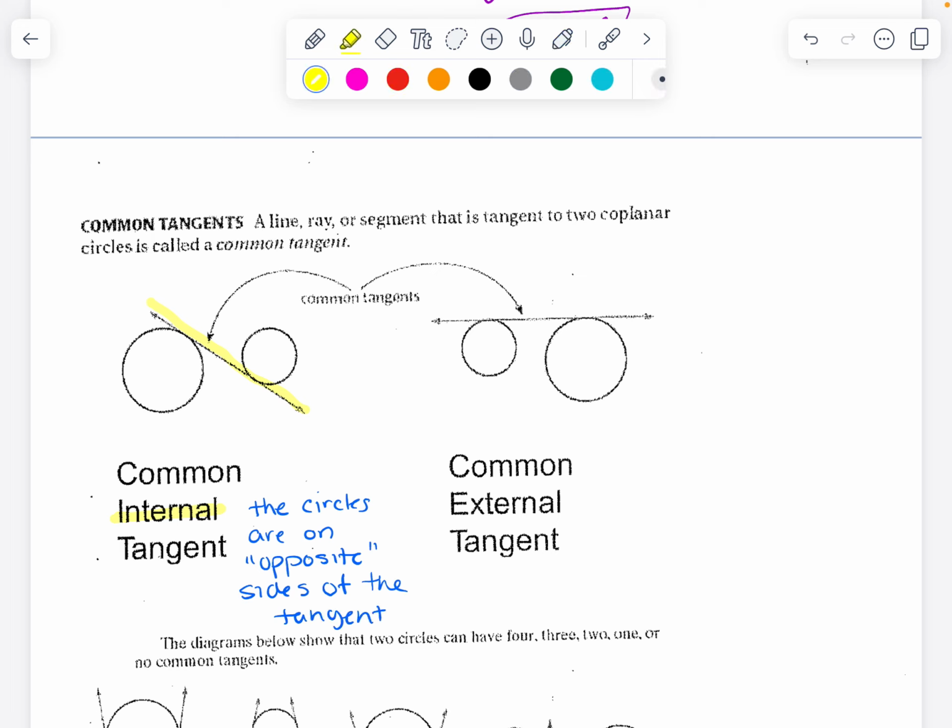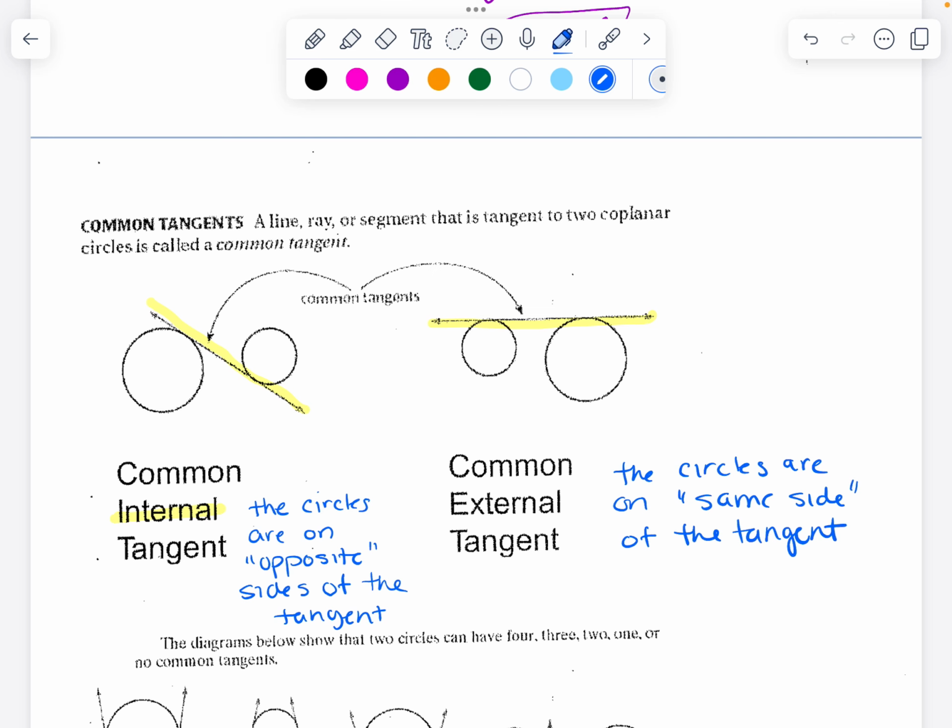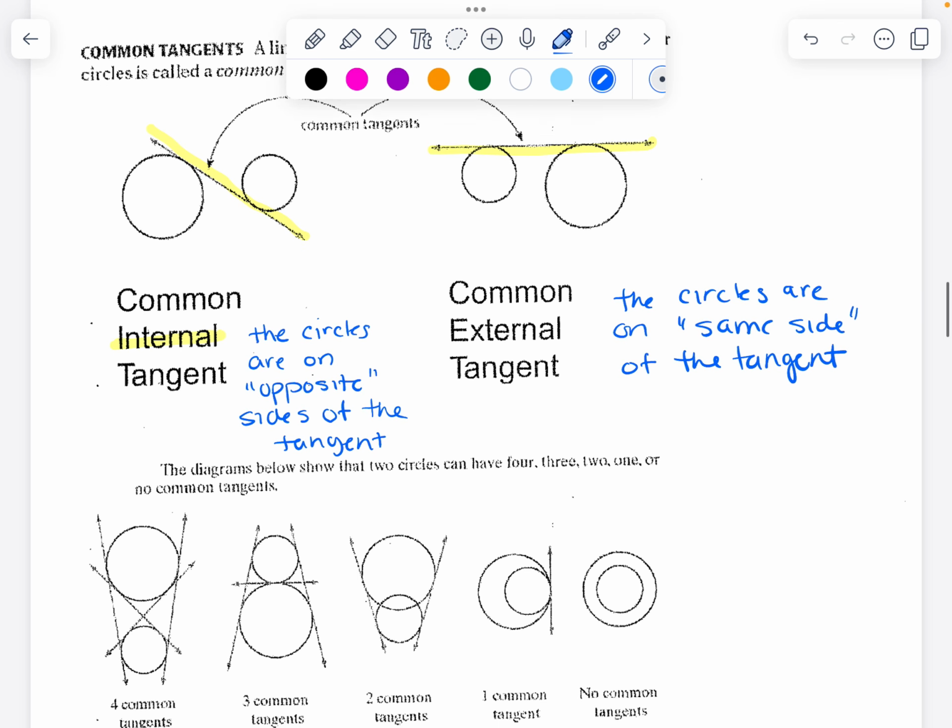Whereas if you're looking for external, then the circles are on the same side of the tangent. And so you can have both.